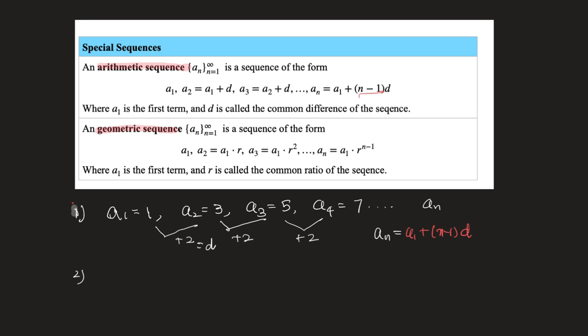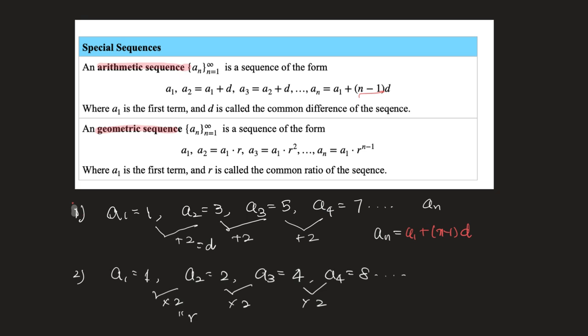What is a geometric sequence? A very simple example is A1 is 1, A2 is 2, A3 is 4, A4 is 8. What is the pattern of this sequence?